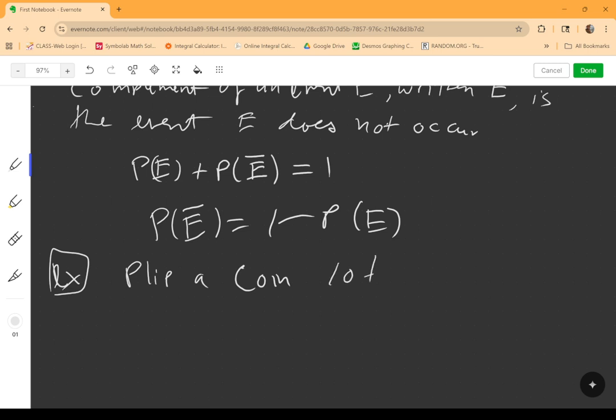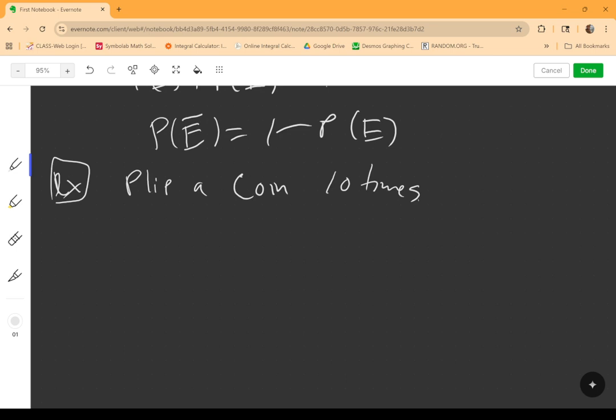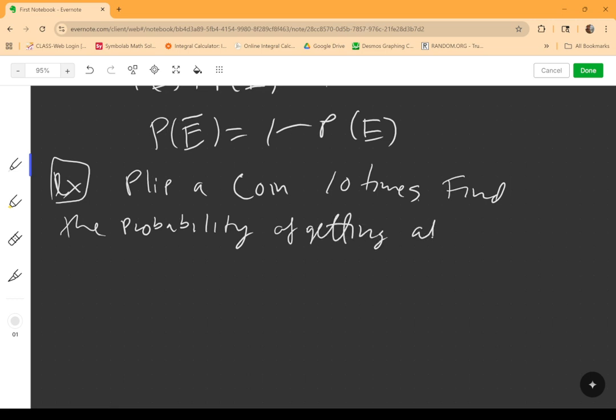Flip a coin 10 times, and I want to find the probability of getting at least one heads.